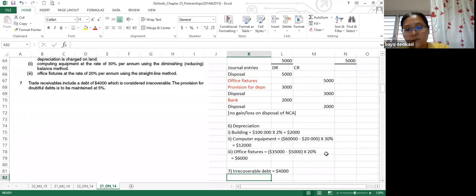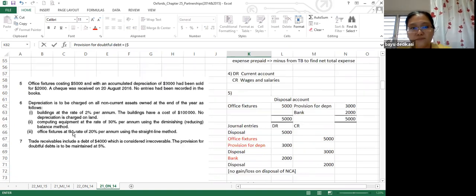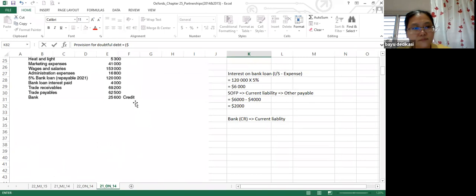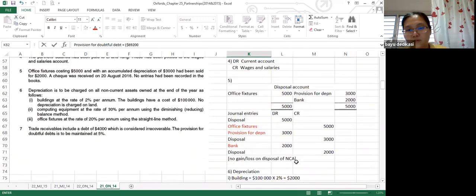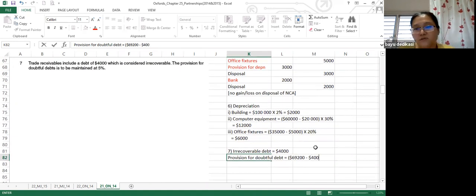And then your provision for doubtful debt, you have to take note that you take your trade receivable 69,200 minus 4,000 and then times 5%.